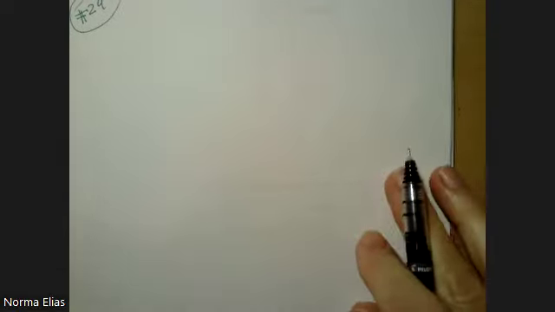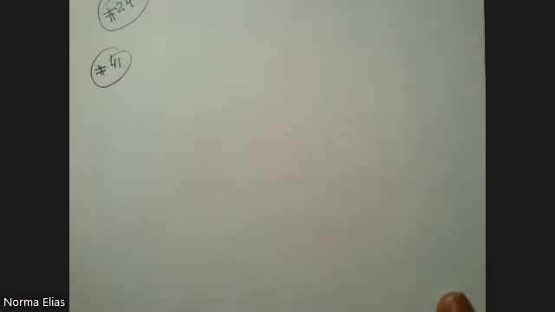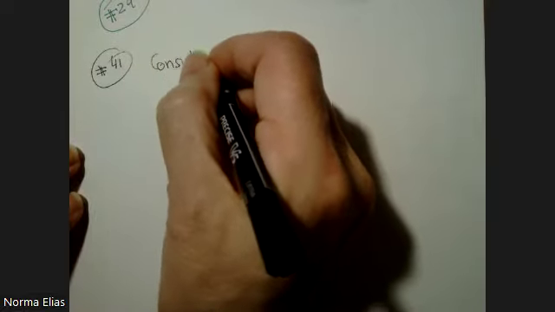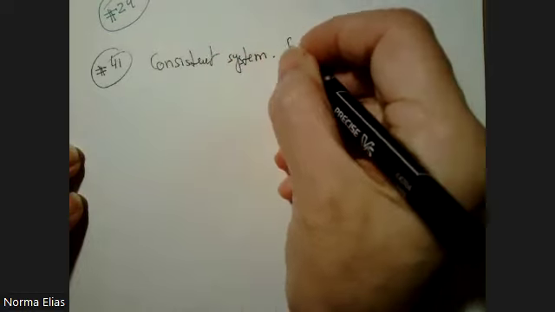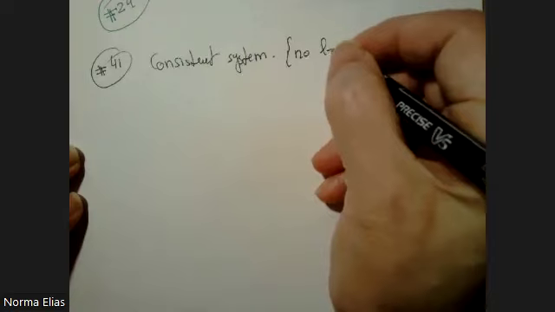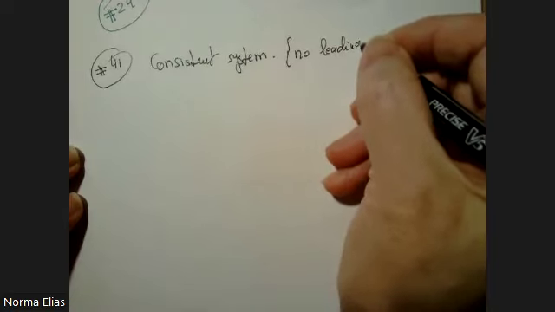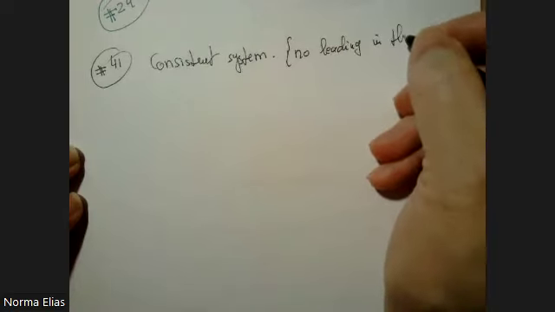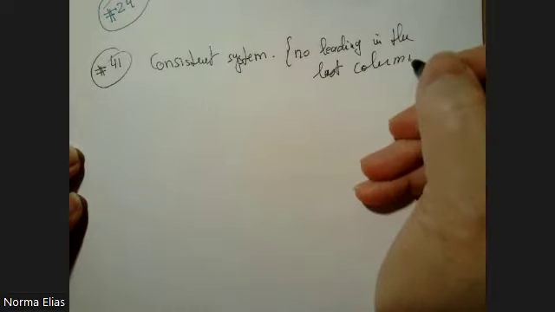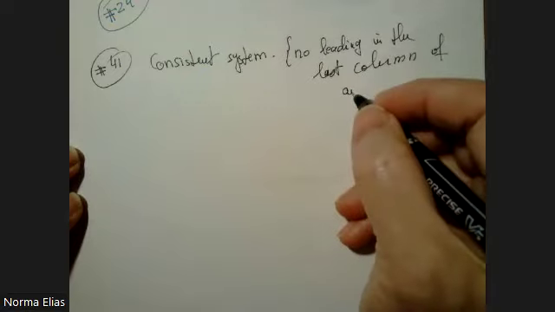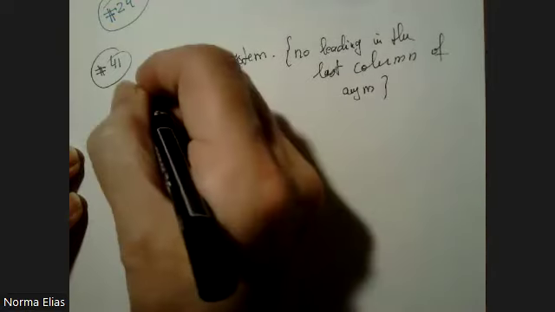So for 41, we have the following scenario. Consistent system means we have a solution, and that's what's given to us. So it means there is no leading entry in the last column of the augmented matrix.